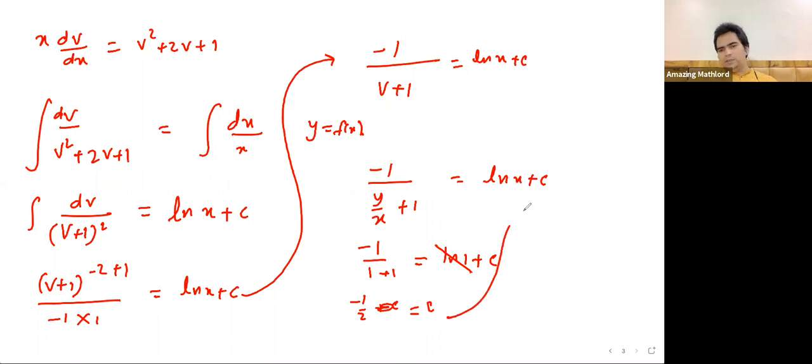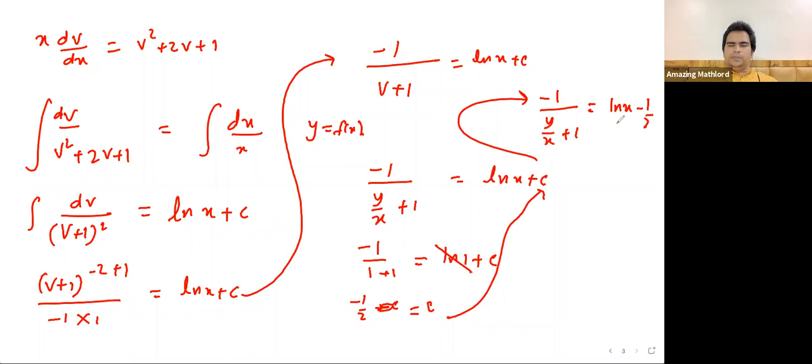Now I'm going to put c as -1/2 here, and then make y the subject. So -1 upon (y upon x plus 1) equals ln x minus half. Transfer the sides: y upon x plus 1 equals -1 upon (ln x minus half).